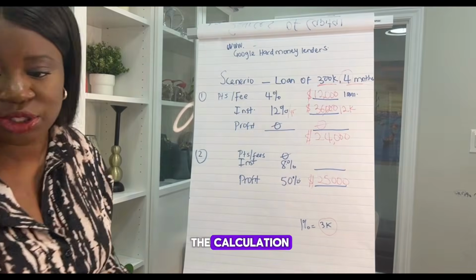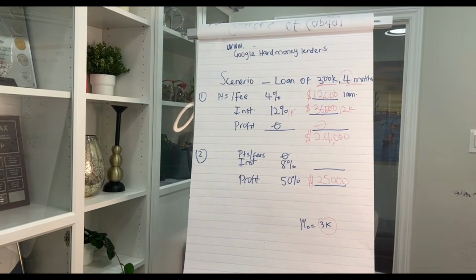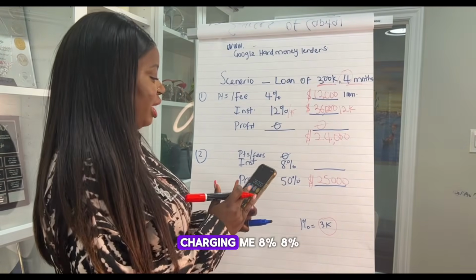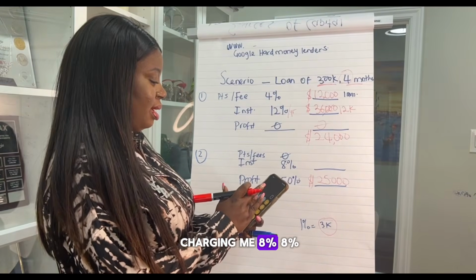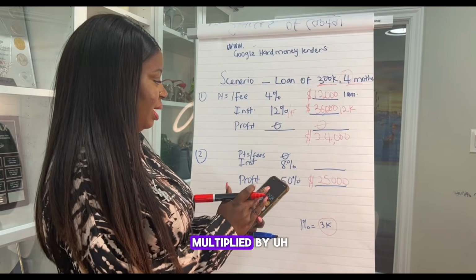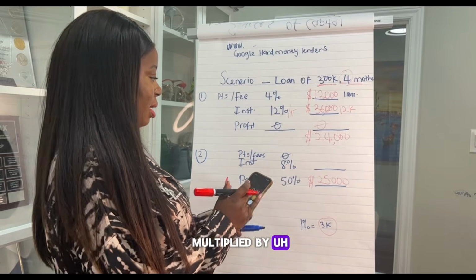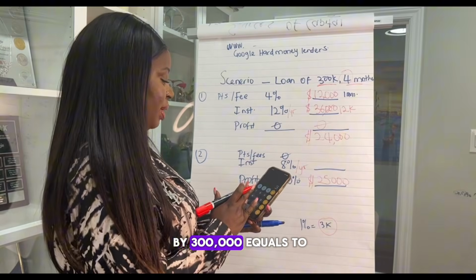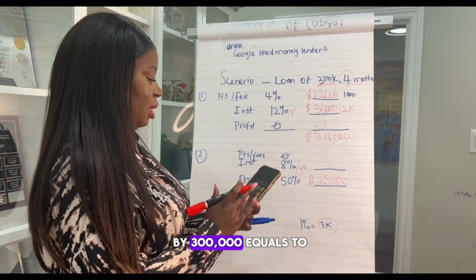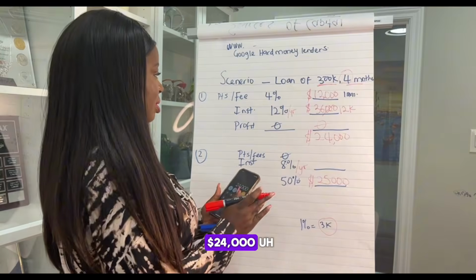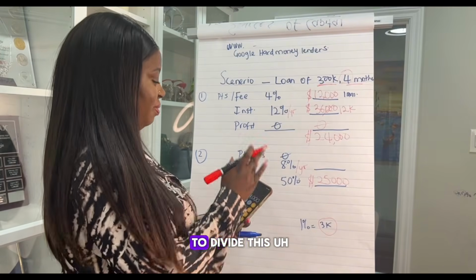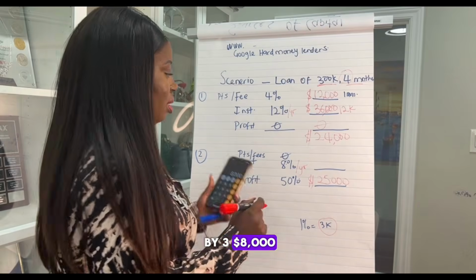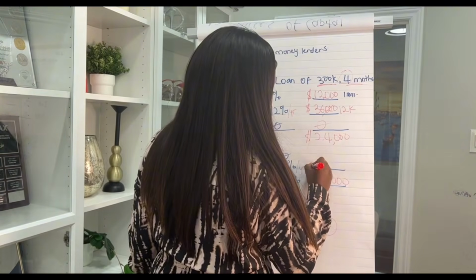Let me do the calculation. 8% multiplied by 300,000, this is per annum, per year, equals $24,000. But I'm going to have to divide this by 3, which is $8,000.